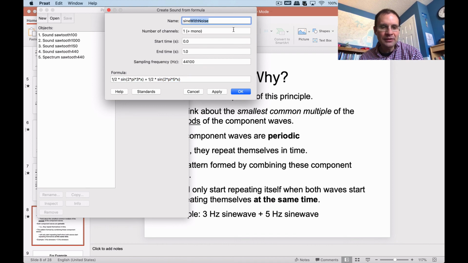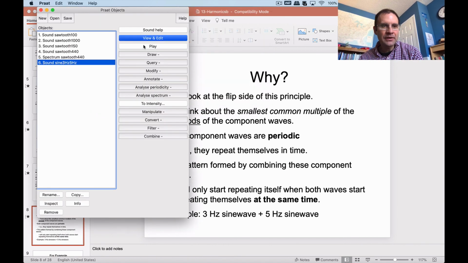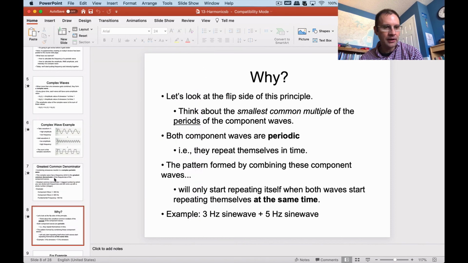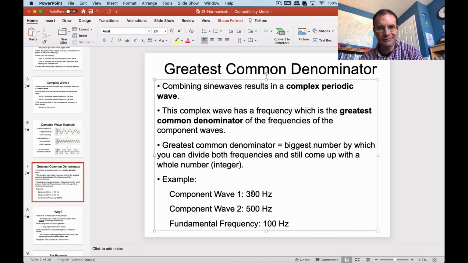Before, we were talking about sine waves with frequency 300 and 500. We're just dividing everything by 100. So the fundamental frequency of this should be 1 hertz, right?